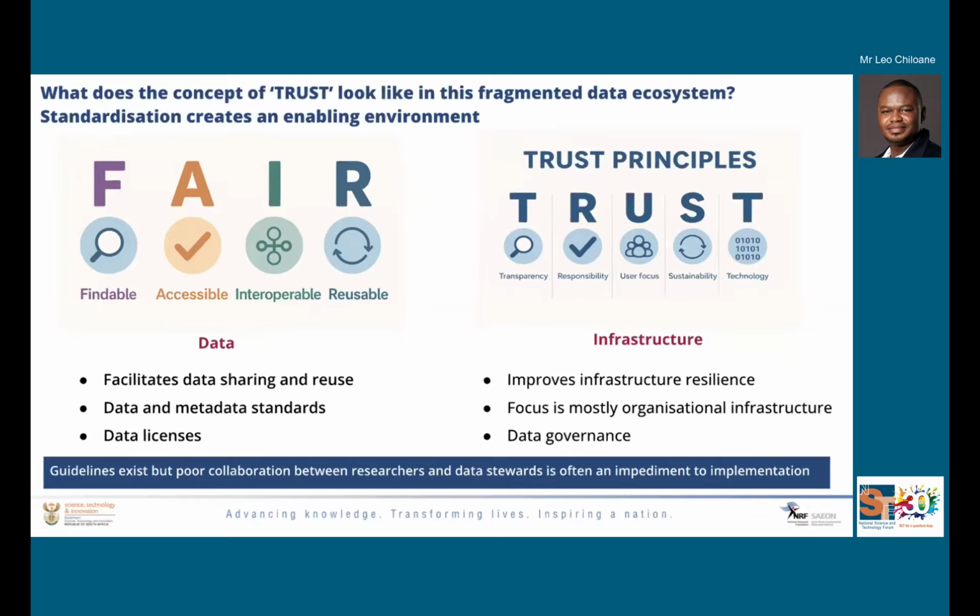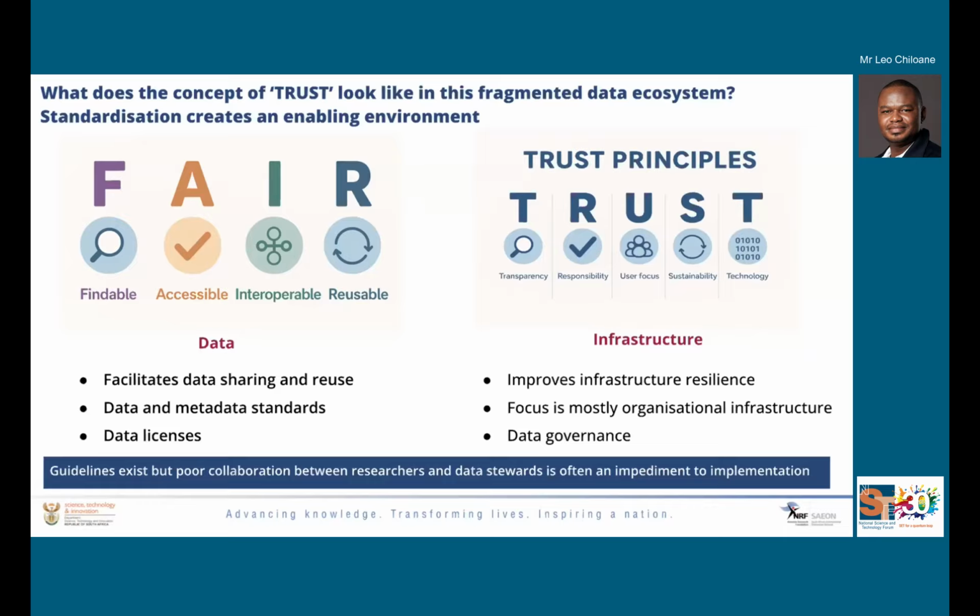So one is FAIR data. There was some mention of it in the first presentation. So this really facilitates the data sharing and reuse and focuses on data and metadata standards as well as data licenses, which I'll touch on.